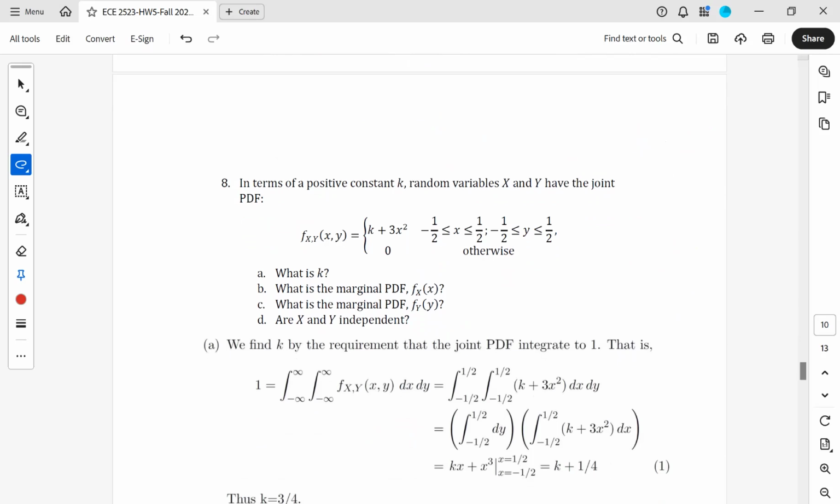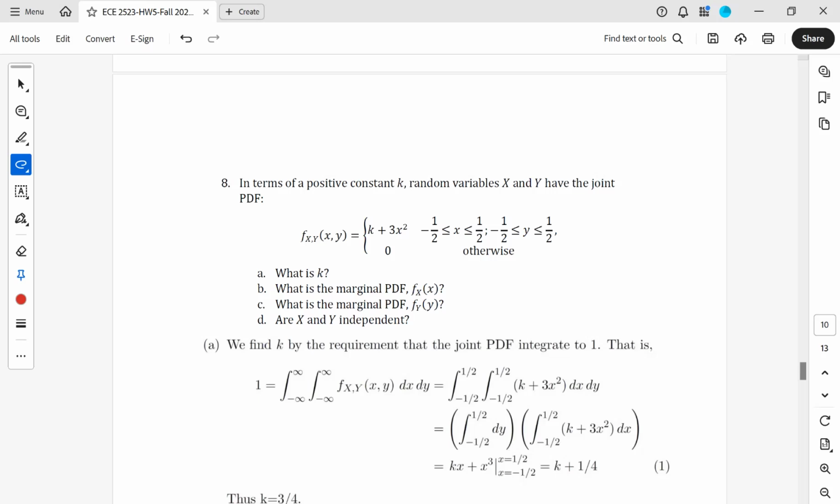In question 8, we again have a joint random variable PDF. The range of x and y is already defined, and the constant k, an unknown number, is, based on the question description, a positive constant. First, the question asks us for k.